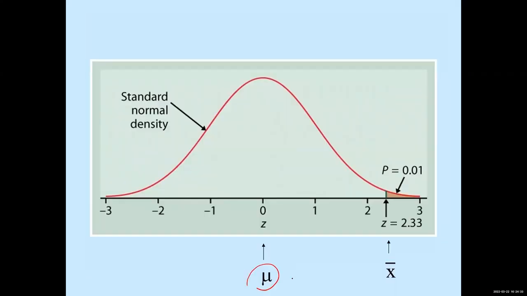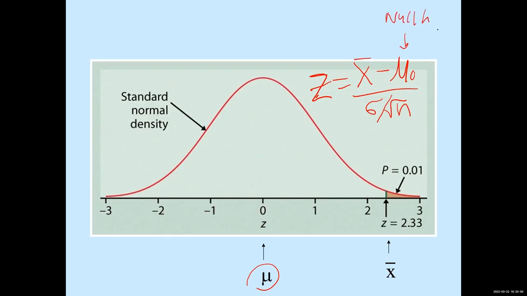In order to convert our data into the standard normal distribution, we're going to use the same formula that we've been using all semester, z equals. Now we're going to have X bar minus mu 0 in that equation. But we're still going to have sigma over root n, just like we did for the sampling distribution. This mu sub 0 we get from our null hypothesis, and the X bar has to be given in the data.